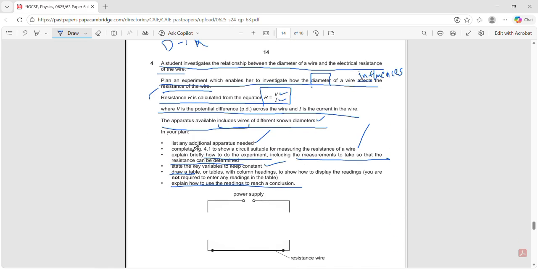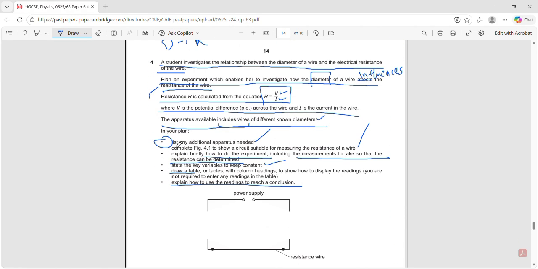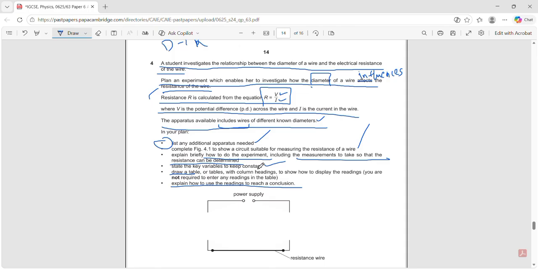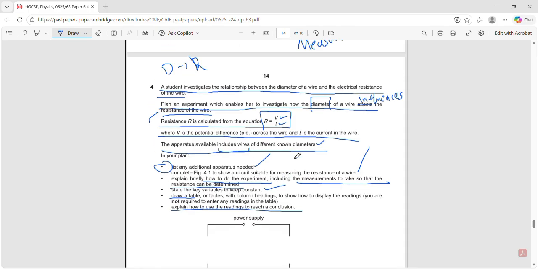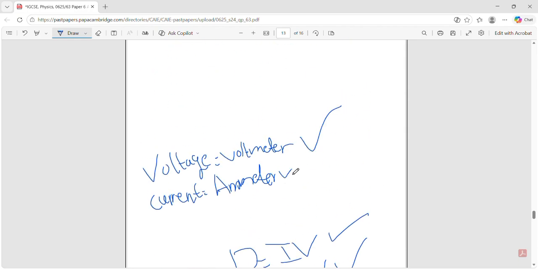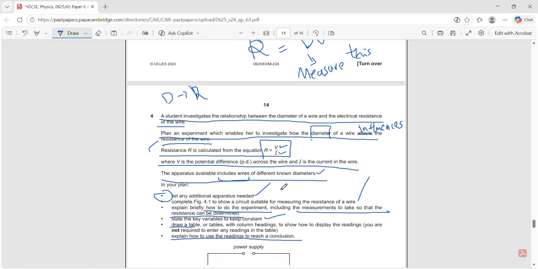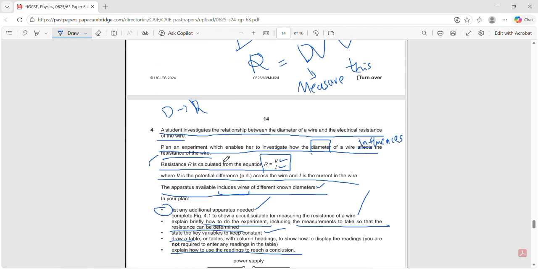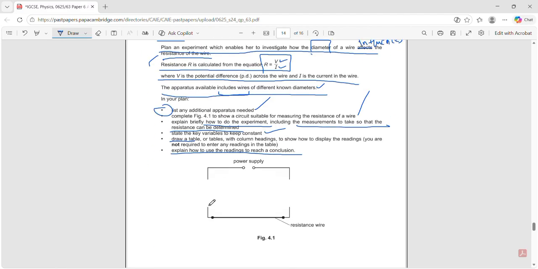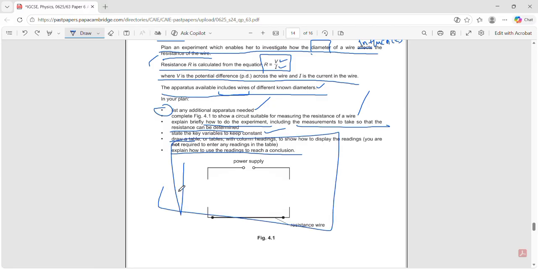Then complete figure 4.1 to show a circuit suitable for measuring the resistance of a wire. So you have identified the voltmeter and ammeter, and I hope you know why. Because we have to measure the voltage and the current. How? By a voltmeter and ammeter. They have not given a voltmeter or ammeter anywhere in this whole thing, right? So we need that. Now they said to complete the circuit.